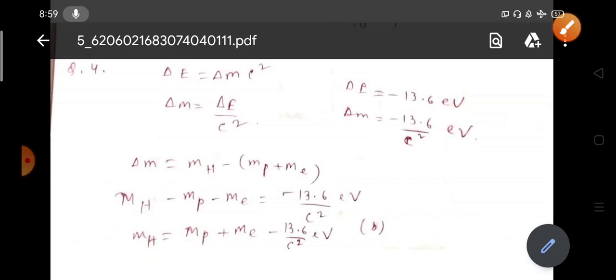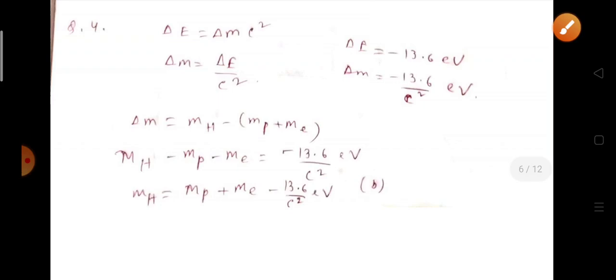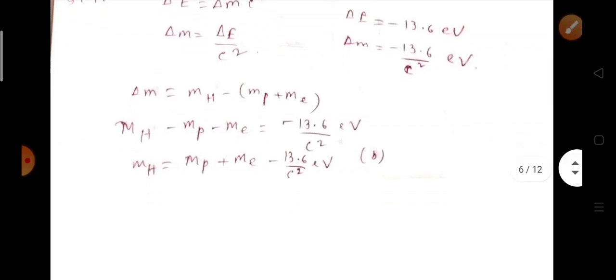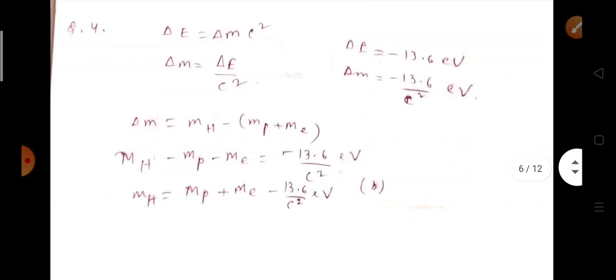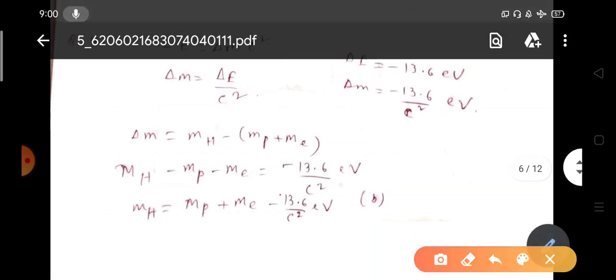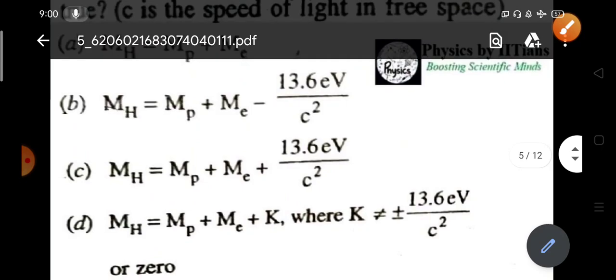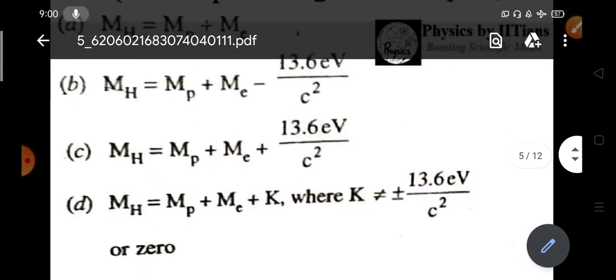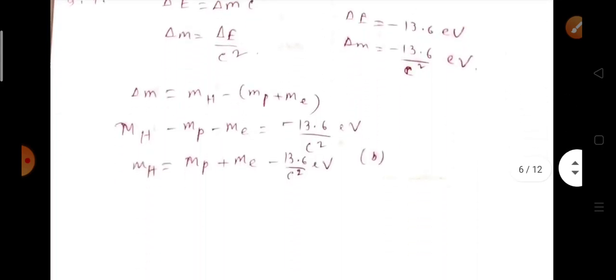That becomes Mh equals Mp plus Me minus 13.6 divided by c square electron volt. So option B is the correct option. This is not minus, sorry, this is actually plus. So Mh equals Mp plus Me plus 13.6 electron volt divided by c square.